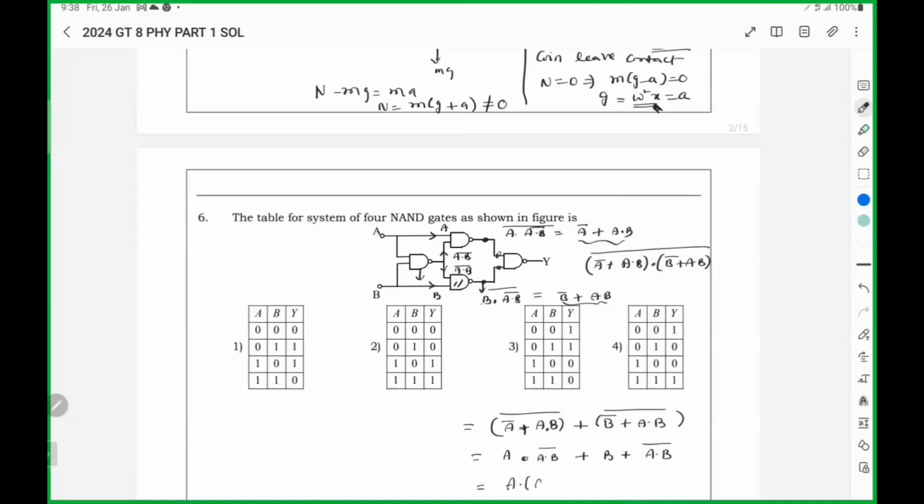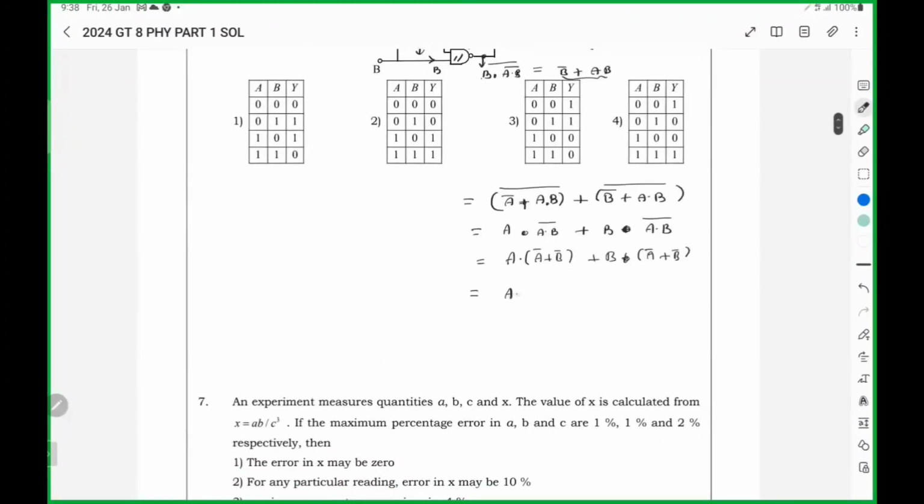It is A dot (A bar plus B bar), B dot (A bar plus B bar). So this is A dot A bar, A dot B bar, B dot A bar plus B dot B bar. A dot A bar is 0, B dot B bar is 0. Finally, you'll have B dot A bar plus A dot B bar.